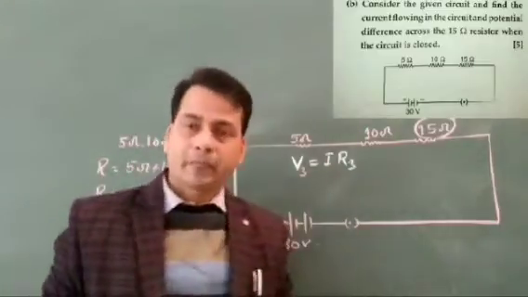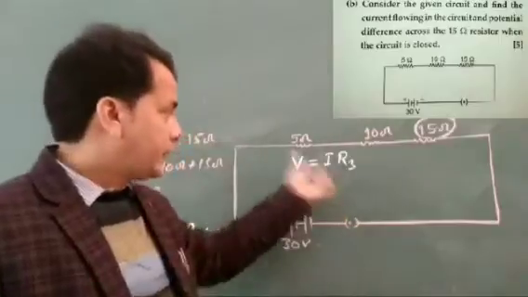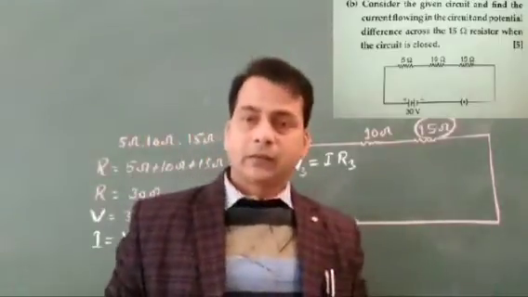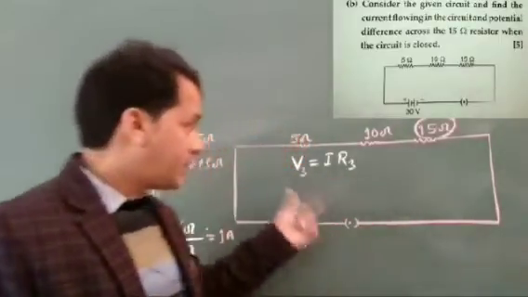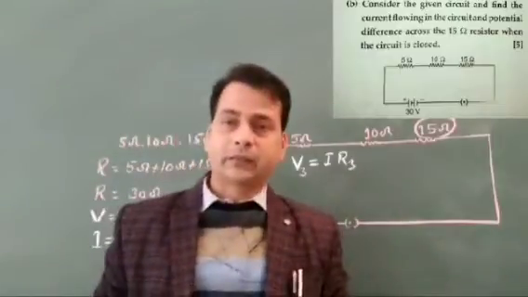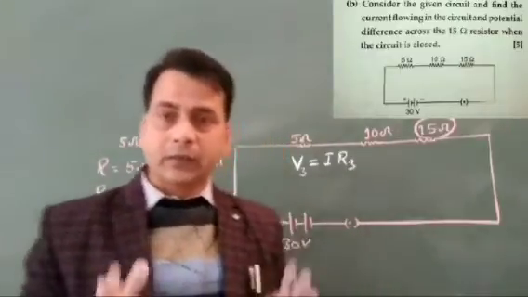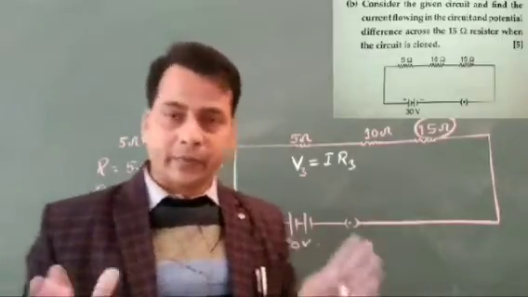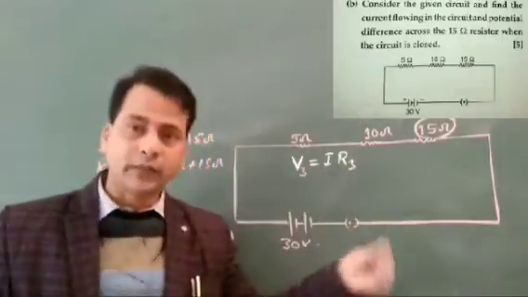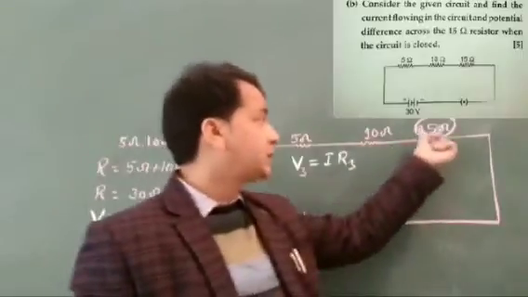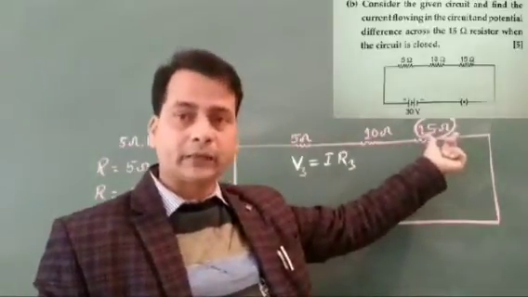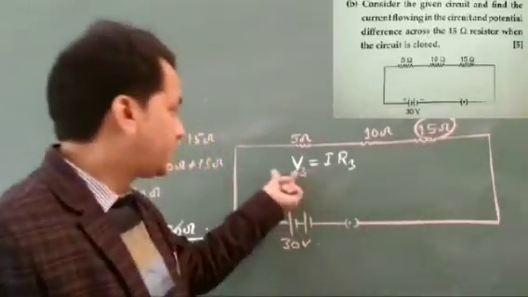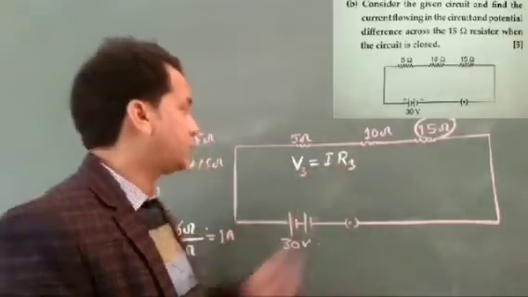According to the condition of the series combination, if the resistors in the circuit are in series combination, the current will be the same and the potential difference will be different across every resistor. So the potential difference across the 15 omega resistor is V3 equals I into R3.